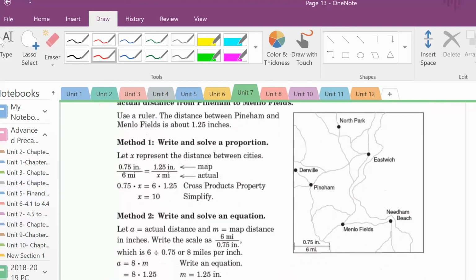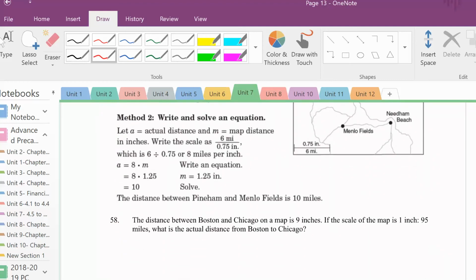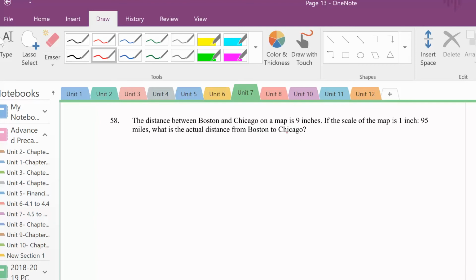So, for example, if you look here, the distance between Boston and Chicago on a map is 9 inches. The scale of the map is 1 inch for 95 miles. What is the actual distance from Boston to Chicago? So 1 inch is 95 miles.